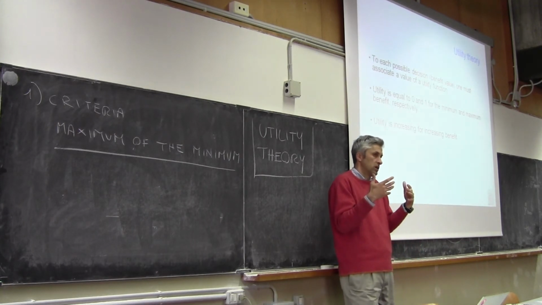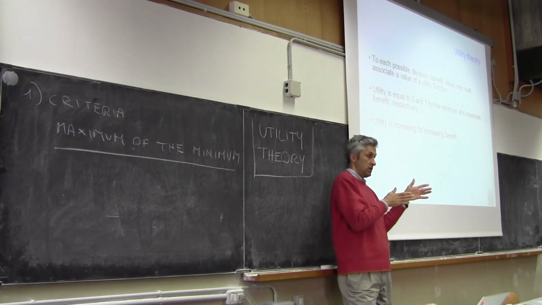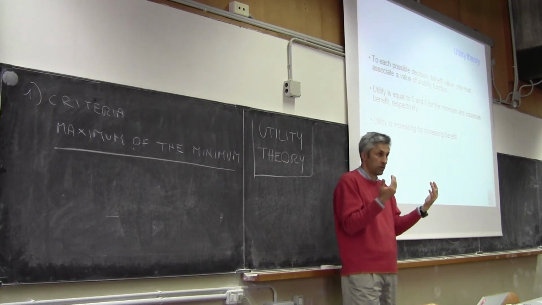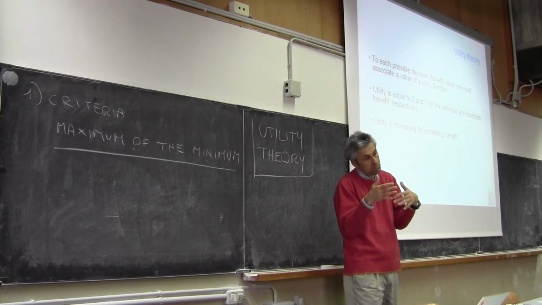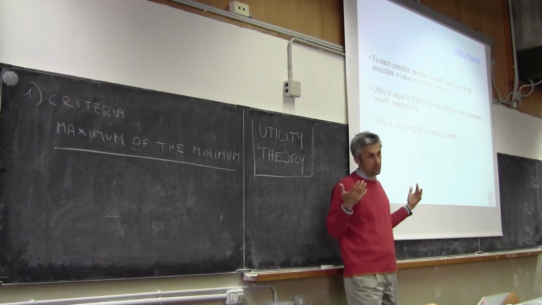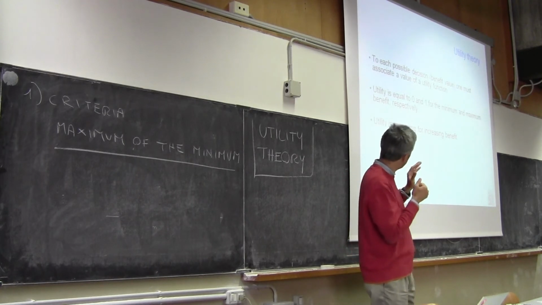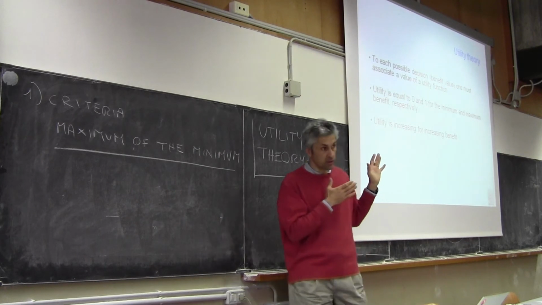If you don't want the risk, you like safe decisions. If you like the risk, which means that you like money and therefore you are willing to take the risk, then you like risky decisions. So now the issue is how to assign this utility.